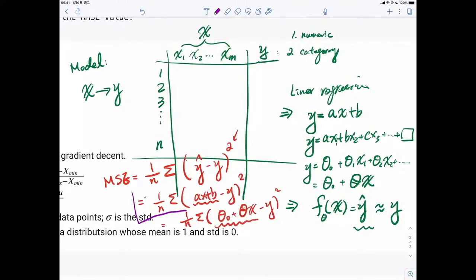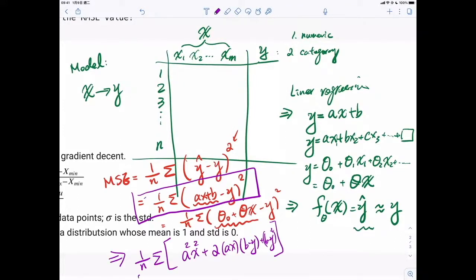Let's take a look at this one. You can see that this value is shaped like a curve that is convex. It has a minimum value, so that means the MSE value has a minimum value. When does it have the minimum value? It depends on the values of A and B, which are the parameters. You choose different parameters, you get different values of MSE.